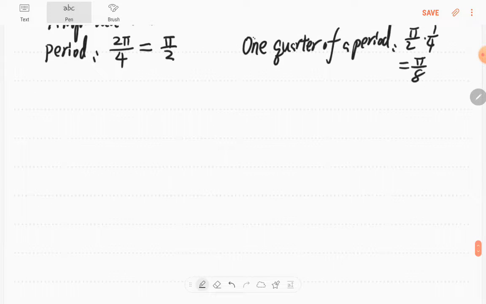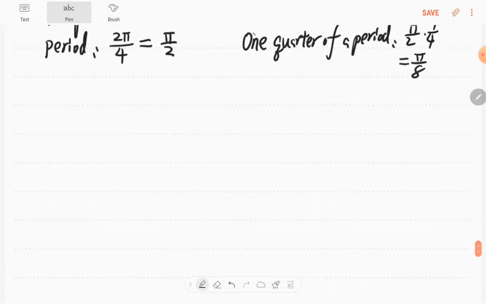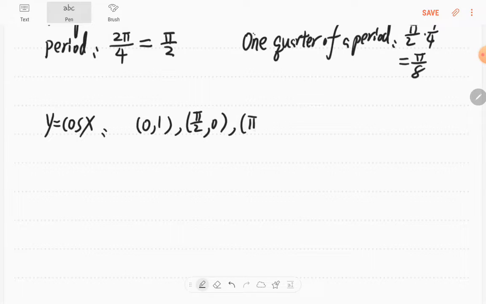So now the original function is the cosine function. Again, this is the same thing, right? It's the cosine function, so we'll have the quarter points. I just write down the quarter points. So you should be familiar with that, right?